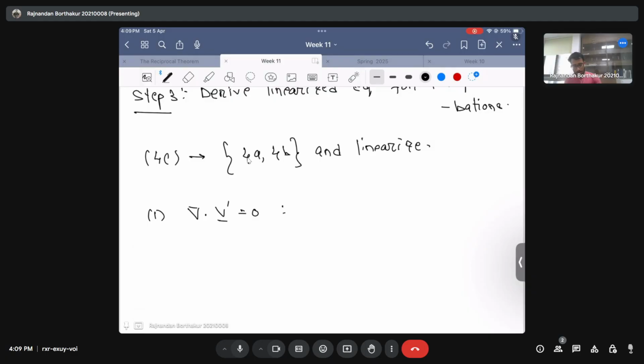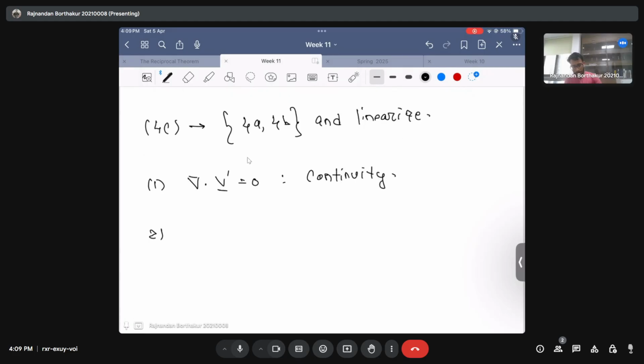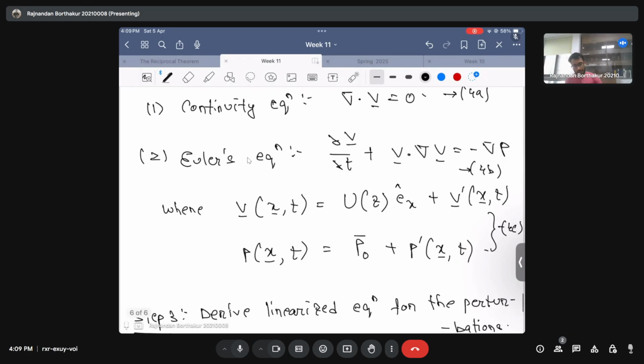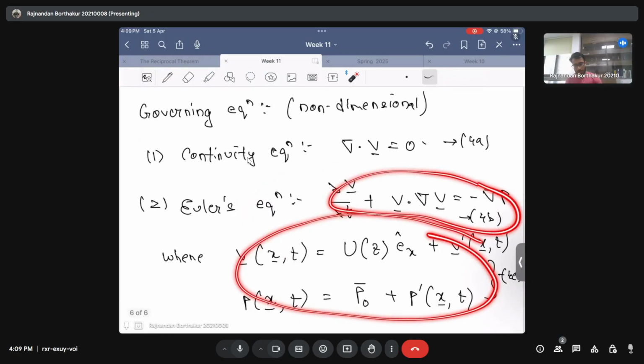So this is the continuity equation that is satisfied by the perturbations. The second is the Euler's equation that we have.